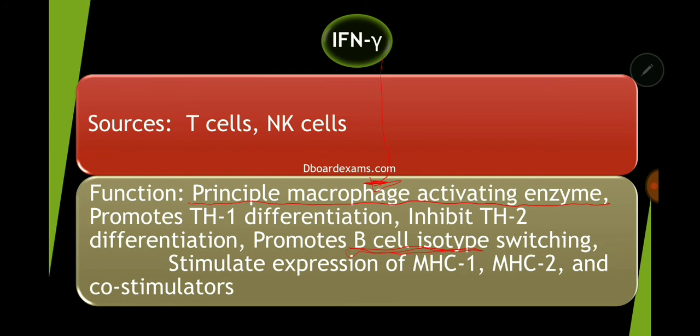Remember, the primary immunoglobulin which is secreted initially is immunoglobulin M. And later on, with more exposure to the microbes, there's isotype switching, so the plasma cells start producing other immunoglobulins such as immunoglobulin G, or IgG. It also helps stimulate expression of MHC1, MHC2, and co-stimulators.